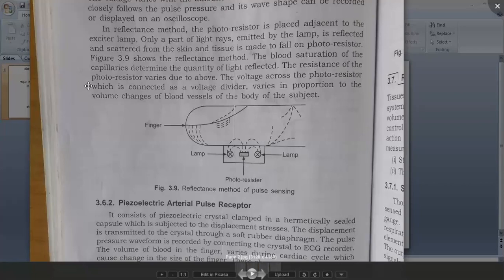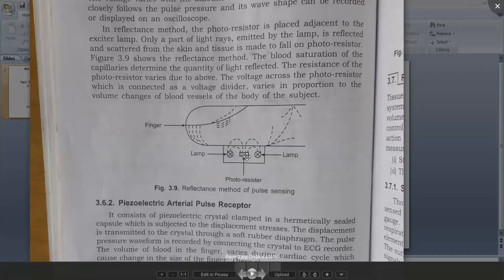The resistance of the photoresistor varies due to the light reflection. The voltage across the photoresistor is connected as a voltage divider. As in the previous method, we connect this resistor in series with another resistor, and connect these to a voltage source.